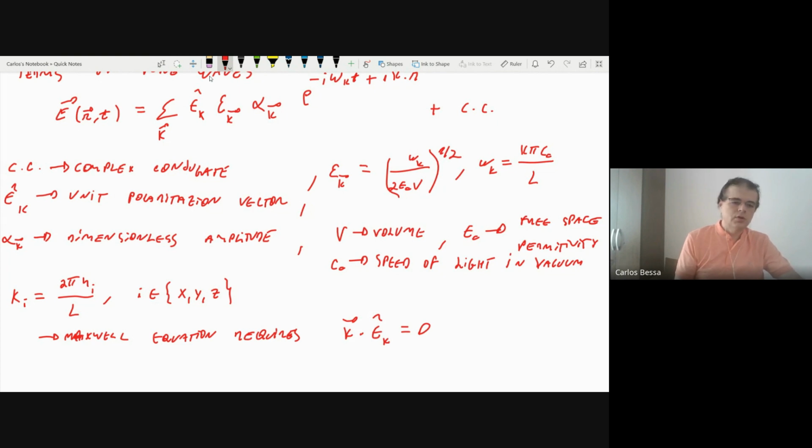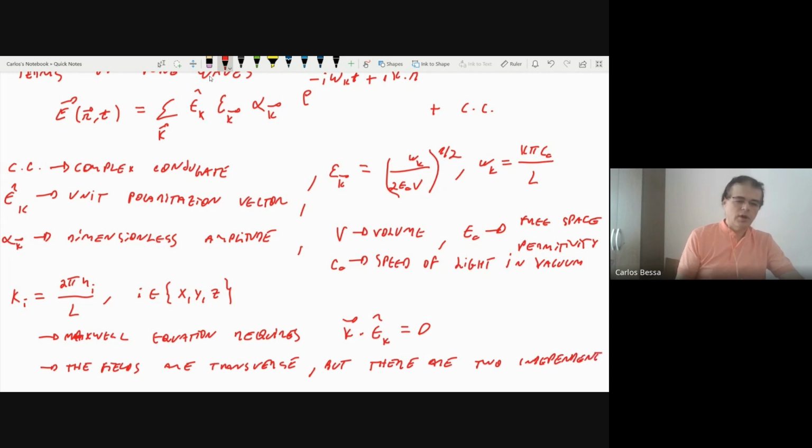So the fields are transverse, but there are two independent polarization directions of e_k for each k.